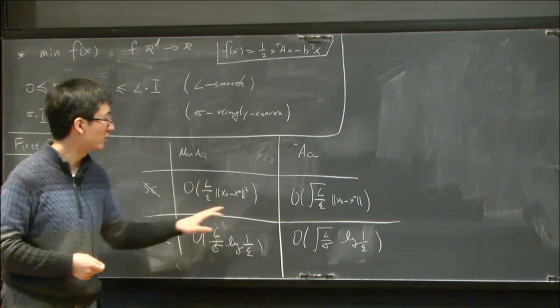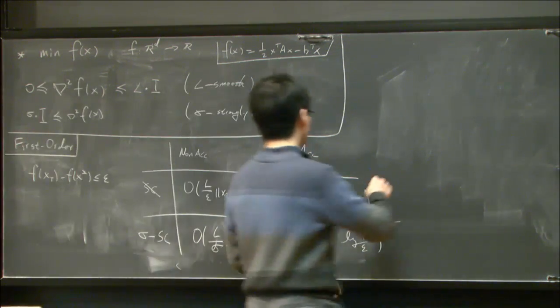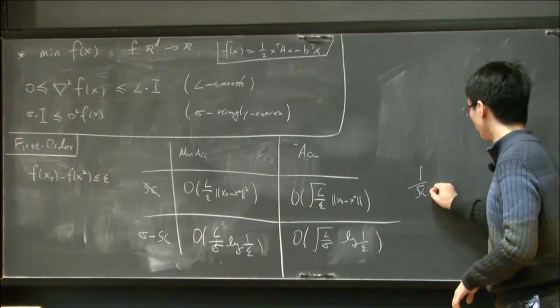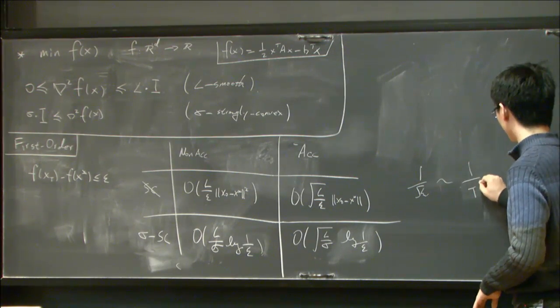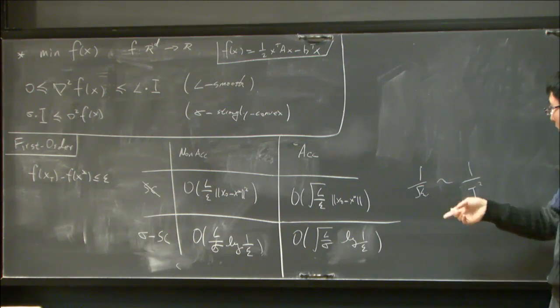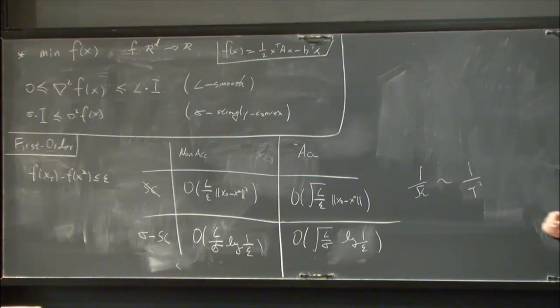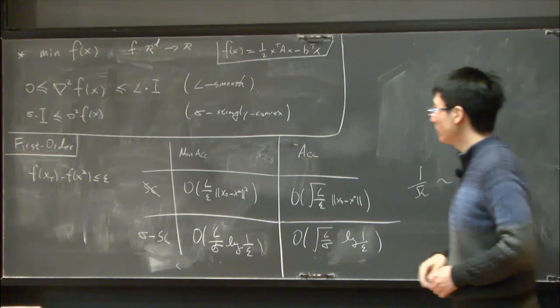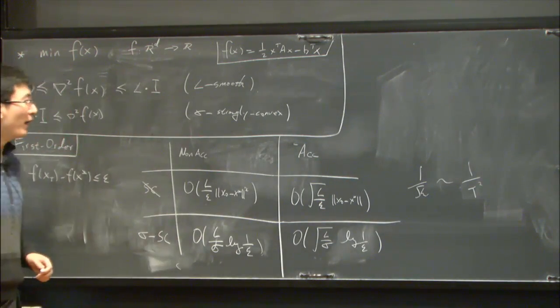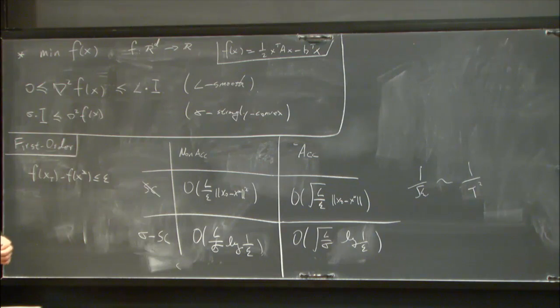And if you do acceleration, it can be quadratically faster. They say that this is 1 over square root epsilon convergence, or maybe they say it's 1 over t squared convergence. T is proportional to 1 over square root epsilon, and then epsilon is proportional to 1 over t squared. That is basically the best one can do using first order methods for convex smooth minimization if the dimension is high.